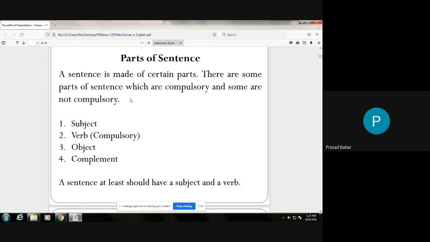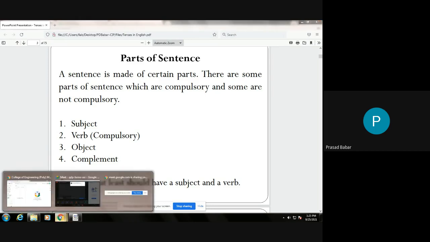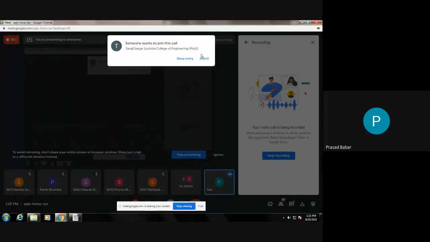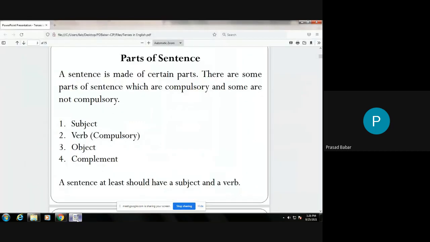If we want to create a sentence without a verb, can it be possible? Without a verb we can't create any sentence. So verb is the most important and mandatory part of the sentence. Not a single sentence can be constructed without a verb.